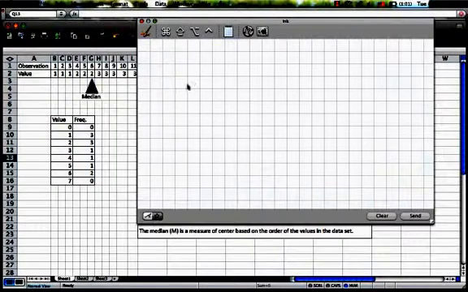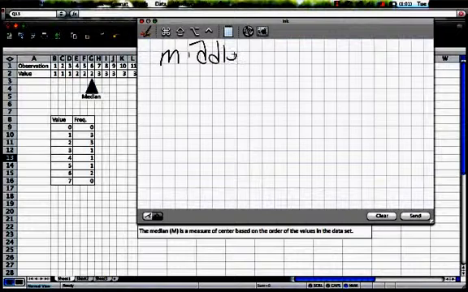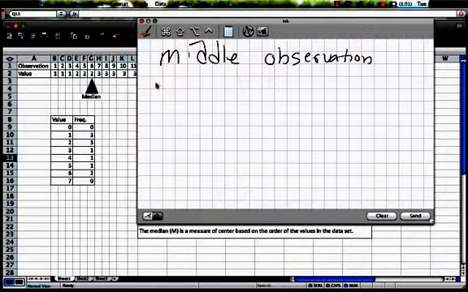So when we have the median, we have the idea of taking the middle observation. In our case we have n being 11 observations.